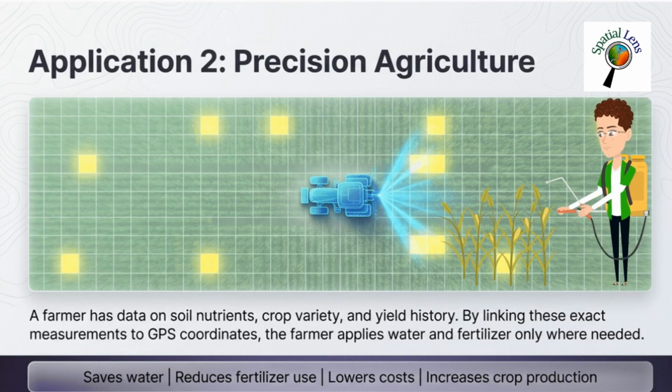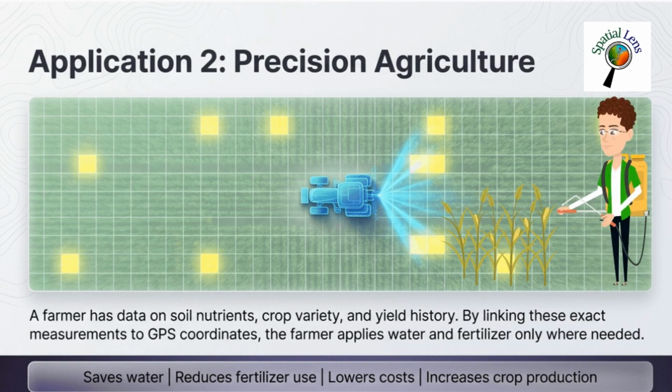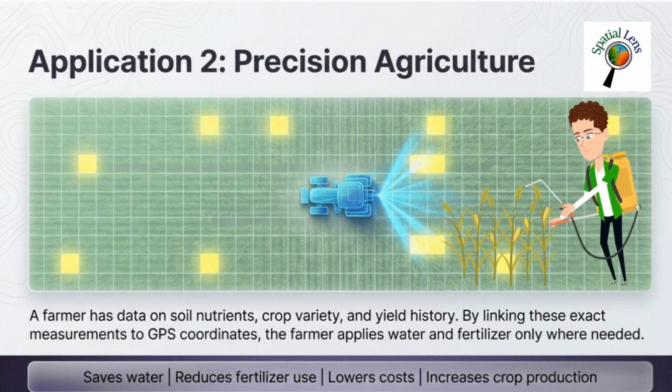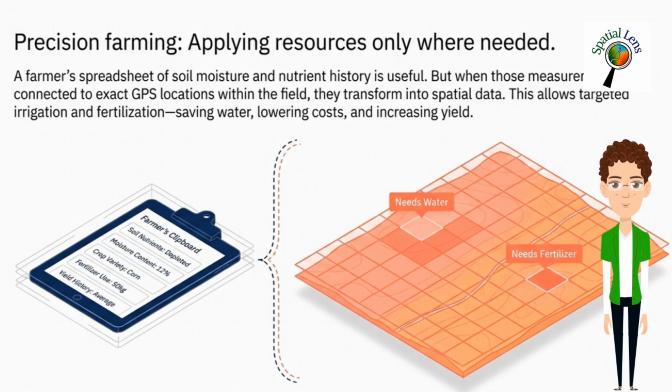Now let's see another example from agriculture. A farmer has information about soil nutrients, moisture content, crop variety, fertilizer use, and yield history. This is useful information. But unless each value is linked to a location inside the field, the farmer cannot identify which areas need more fertilizer or irrigation.